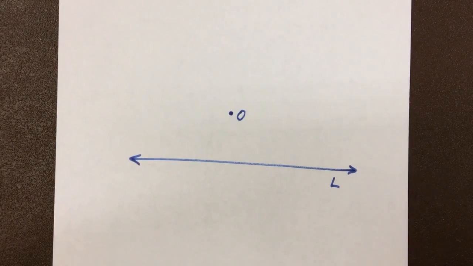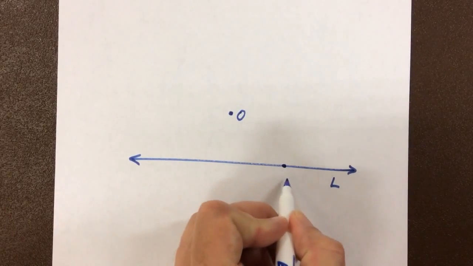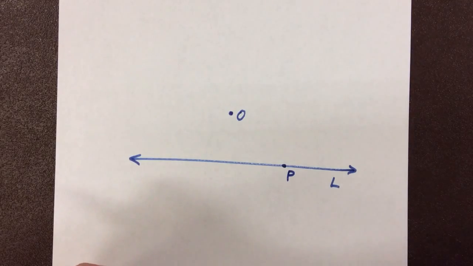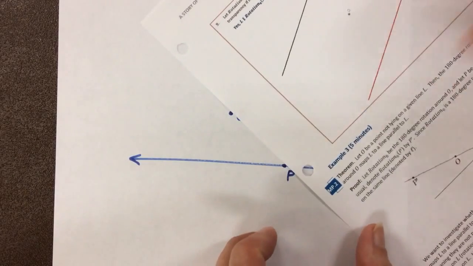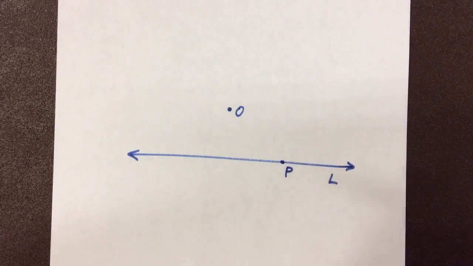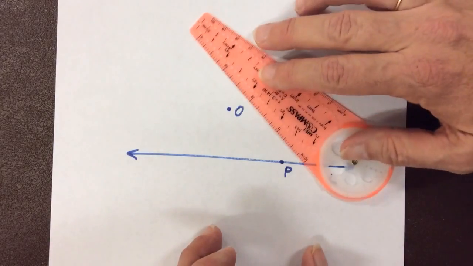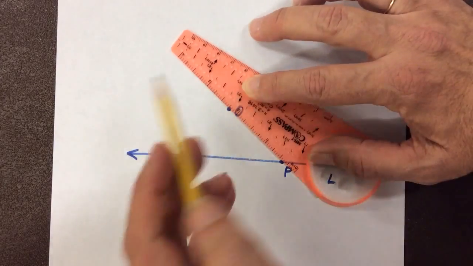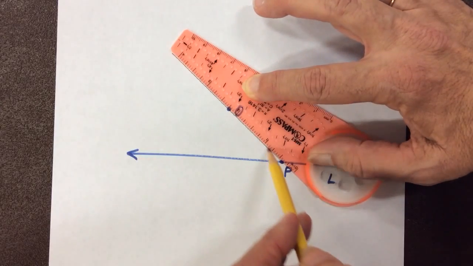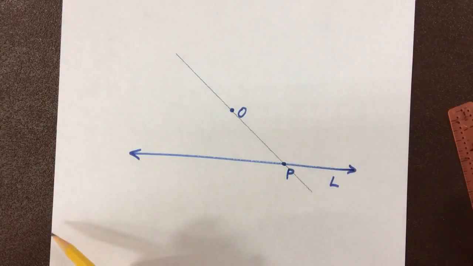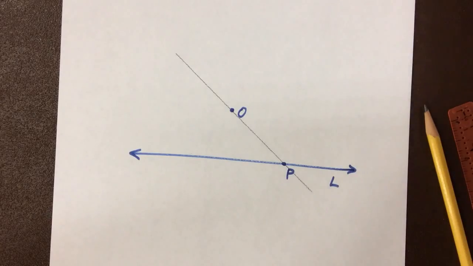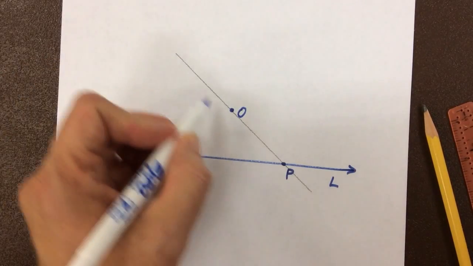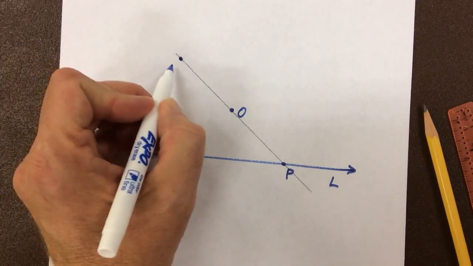So if I pick any point and call it P, and I rotate it around O, then P prime has to be up here somewhere.